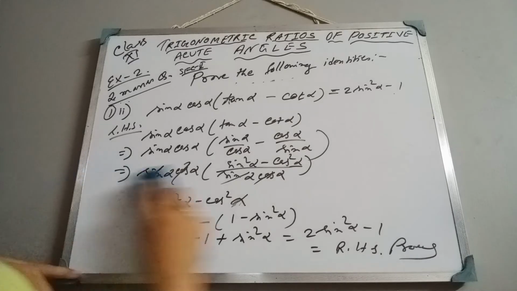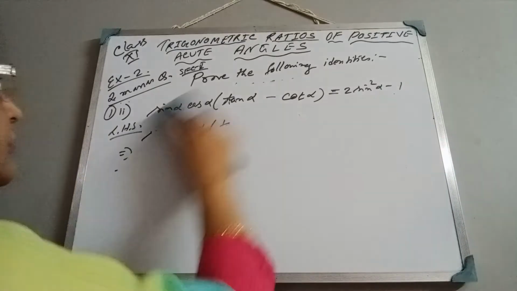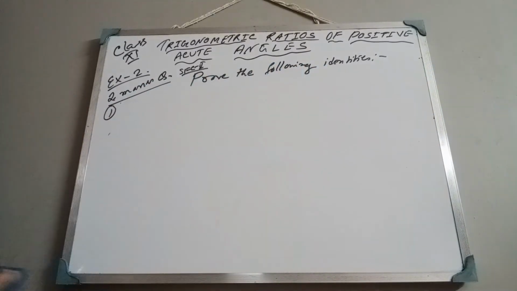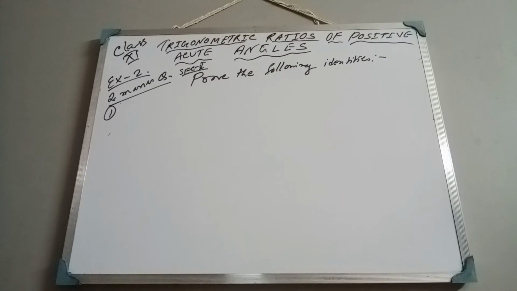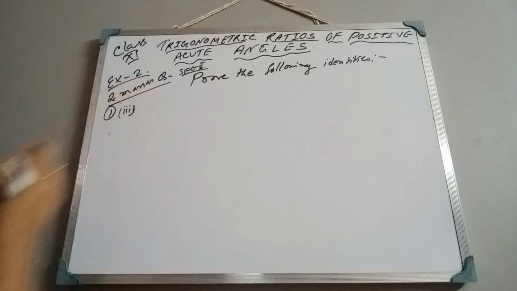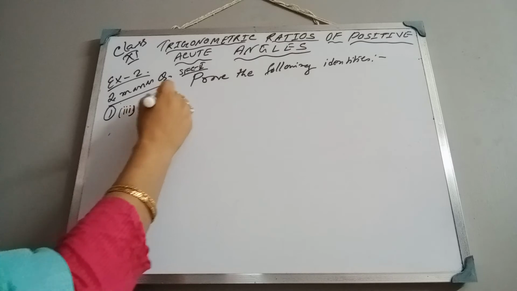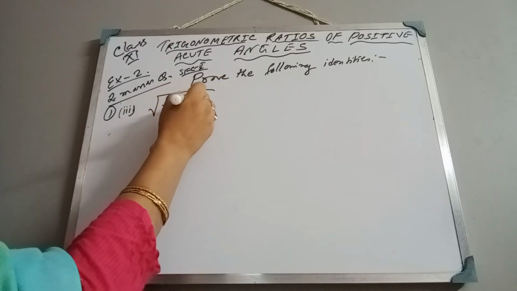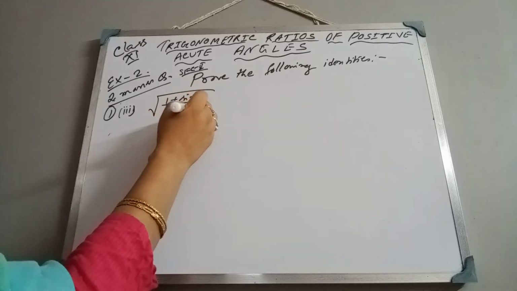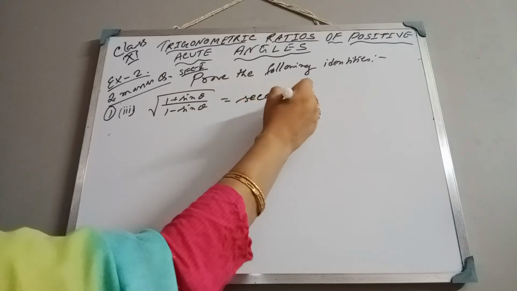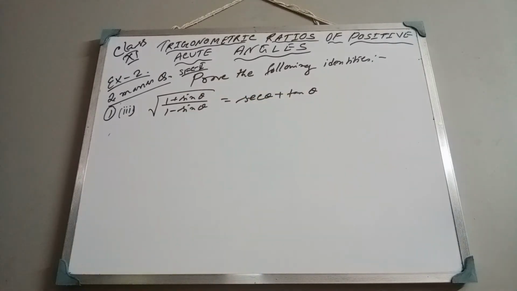Okay, next, part 3. 1 plus sine theta by 1 minus sine theta is equal to sec theta plus tan theta.